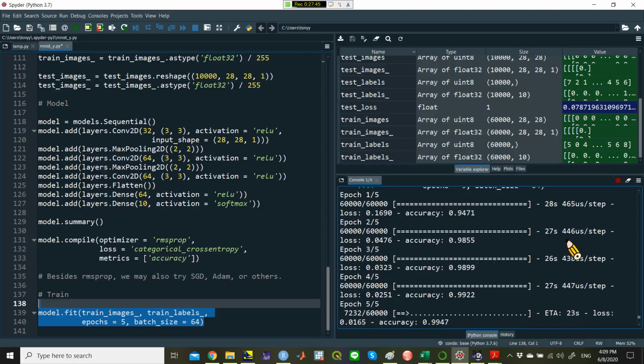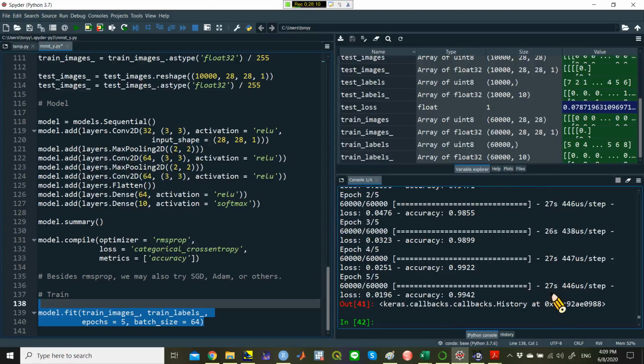So it takes a little bit longer to train this CNN. For each epoch, it takes like 28, 27, 26, 27 seconds. But in total, okay, now it's done.